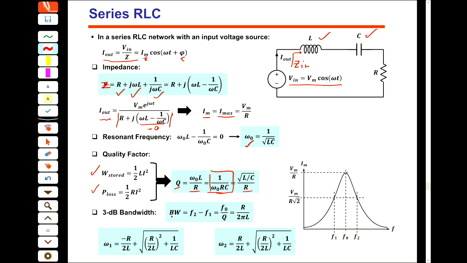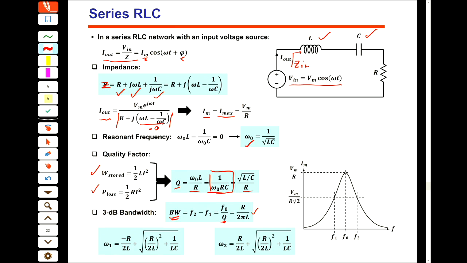Again, based on the definition of bandwidth, which is f naught divided by Q, we find that this is the bandwidth of the RLC series circuit.